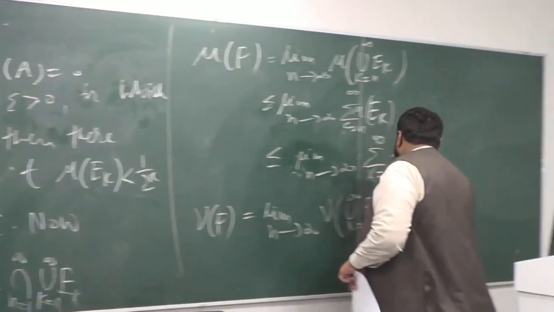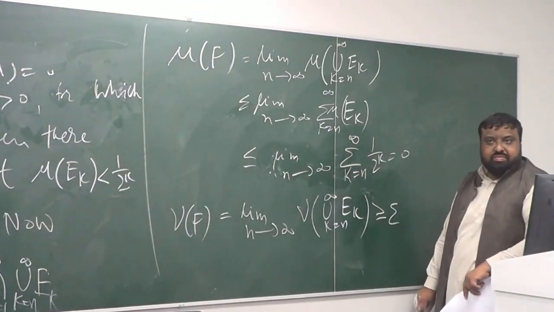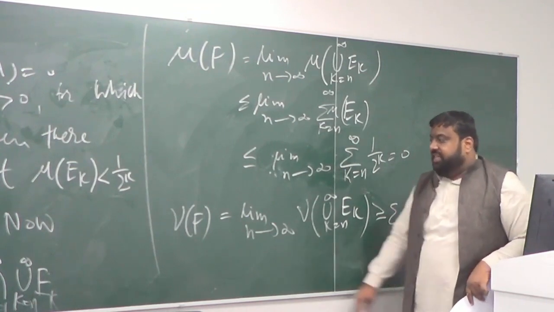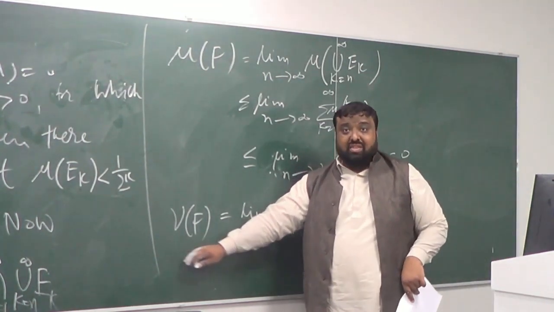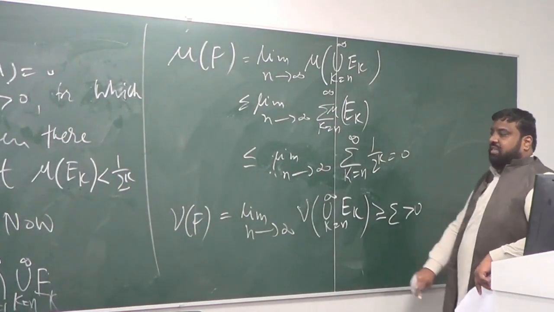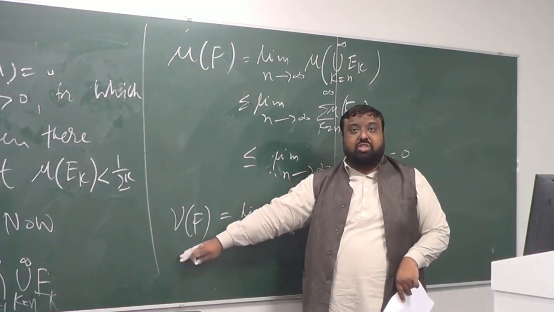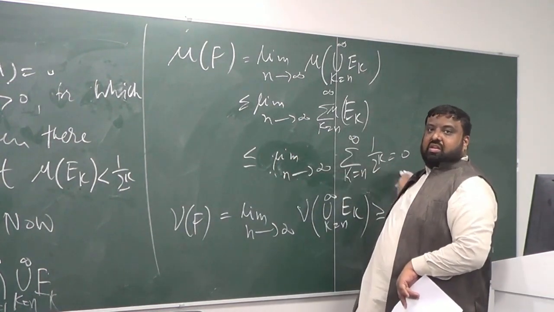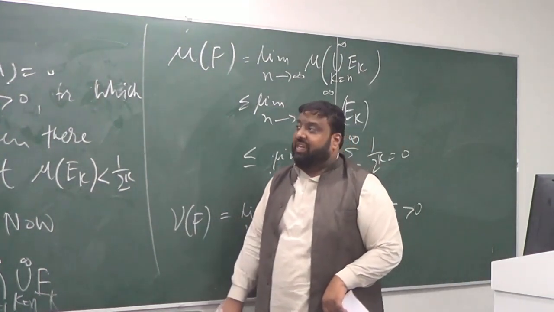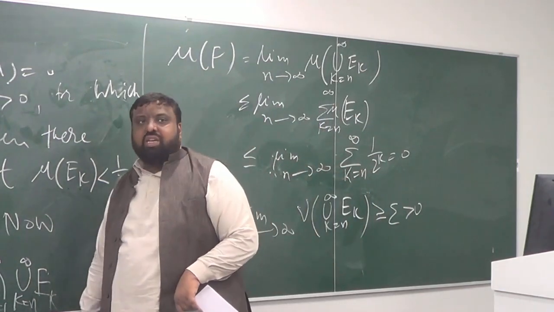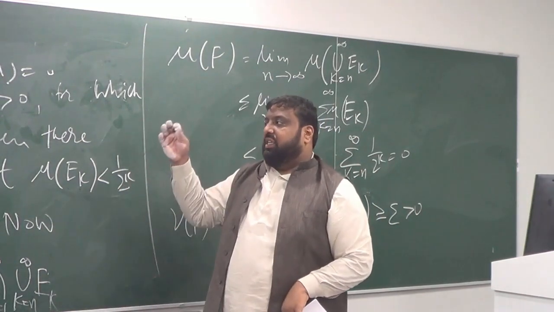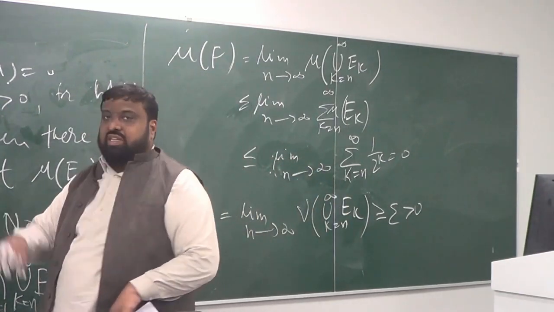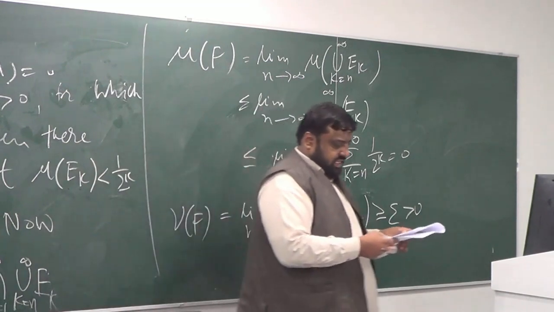So obviously this is bigger than or equal to epsilon. Again, what does this mean? This means that nu of F is not 0. Means that nu of F is positive. So mu of F is 0, but nu of F is not 0, hence nu is not absolutely continuous with respect to mu. So you're going to say that you got a contradiction. So therefore, you have the result.